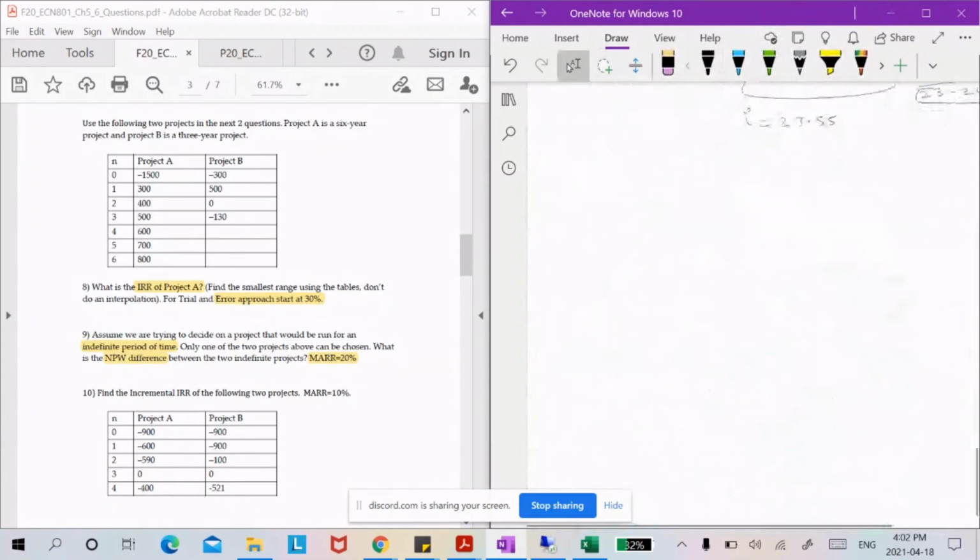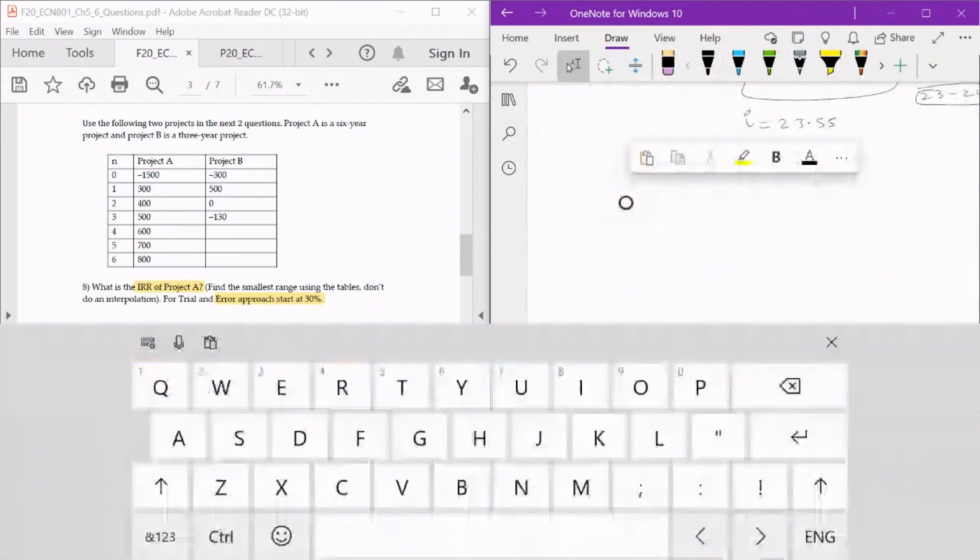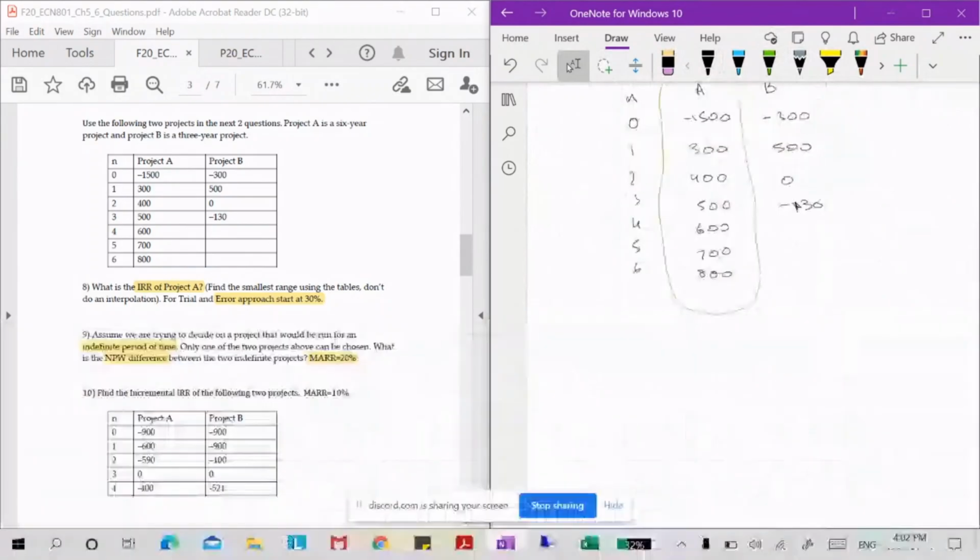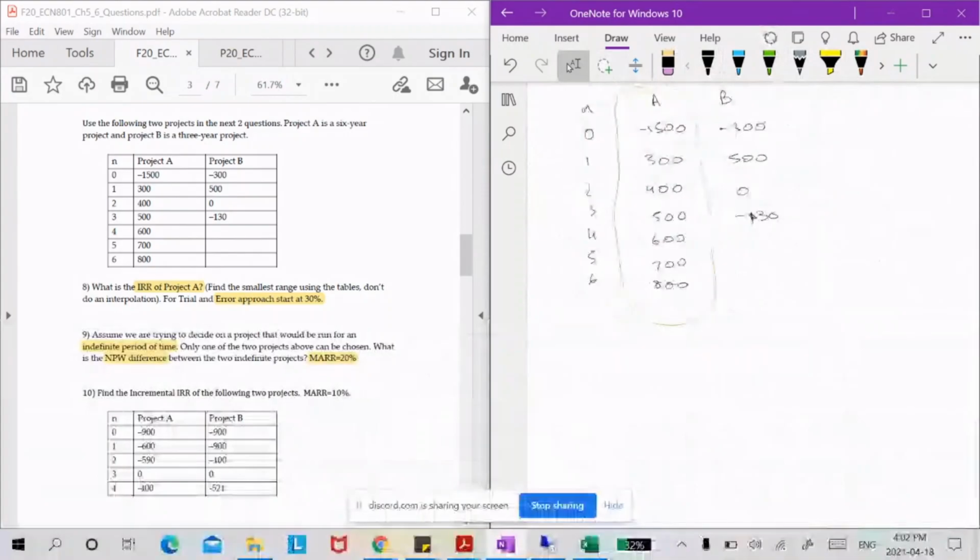Here we go. Now we need to find the net present worth for each of these cases.